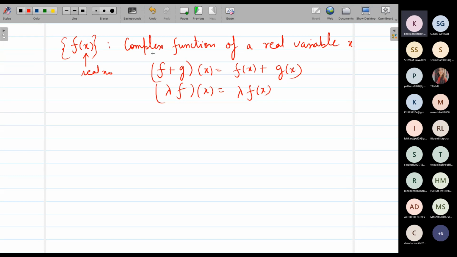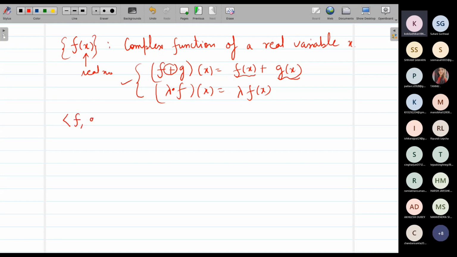They will qualify to be a linear vector space if these 2 properties are given to you. That means the vector addition is defined like this and scalar multiplication is defined like this. Those of you who want to be explicitly clear can define these things here, so that this is vector addition and this is multiplication with a scalar. But anyway, the important point.